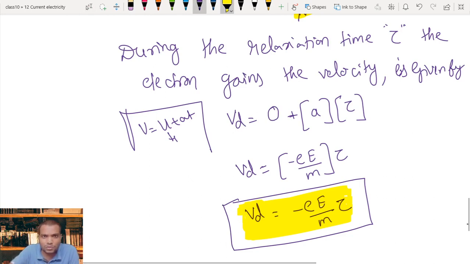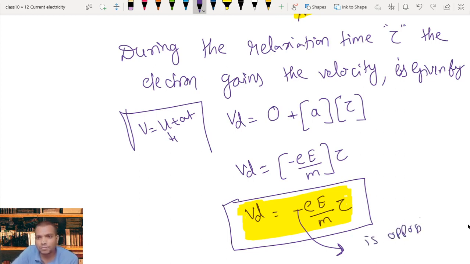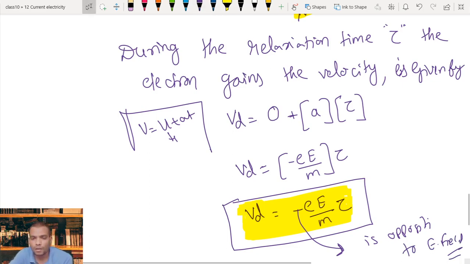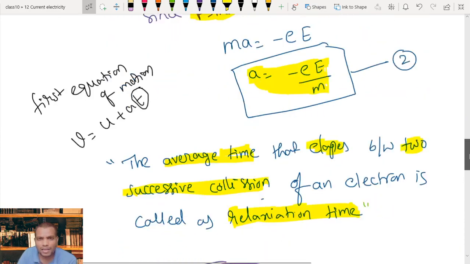And the negative sign tells us about the direction: the drift velocity direction is opposite to the electric field direction, since the electrons are moving opposite to the electric field.